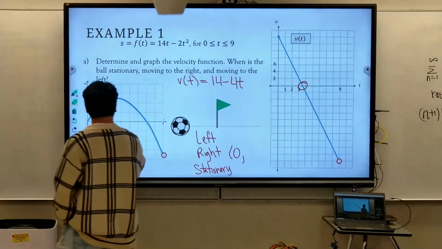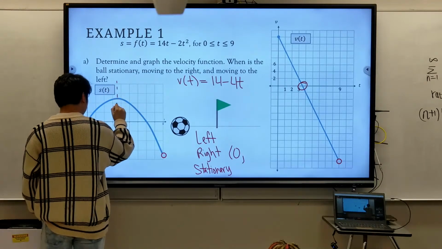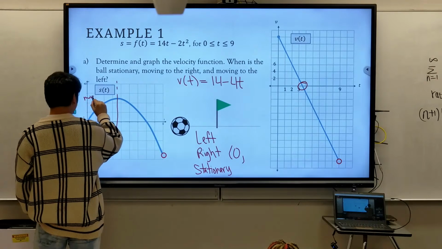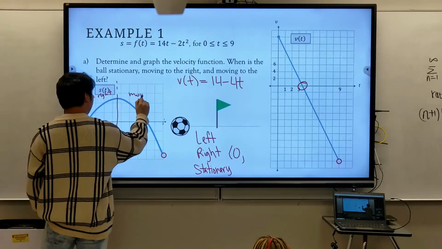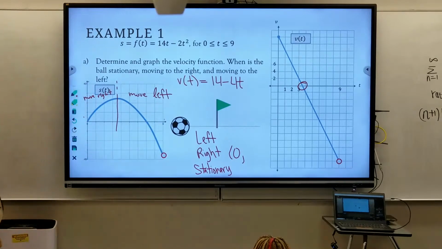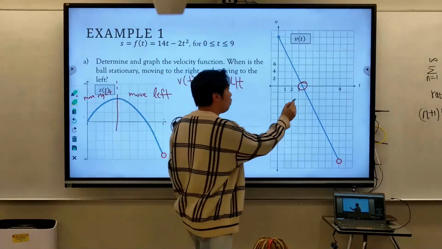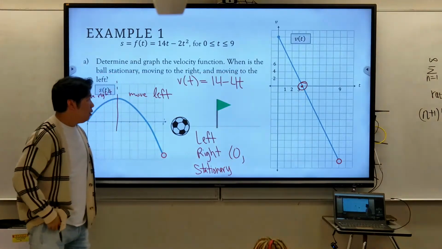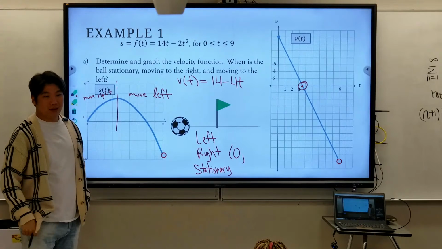Or we can see here, this is me moving to the right. Positive means I move right. And then here I started to move left. So we just got to figure out what is this point right here. What is my velocity at that point? 0.